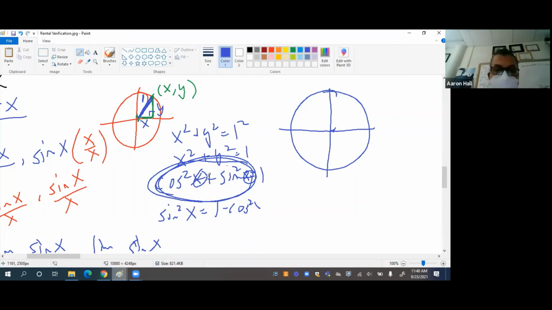I changed it to a theta because I don't want you to get confused, and I want to change those underneath here to thetas as well.